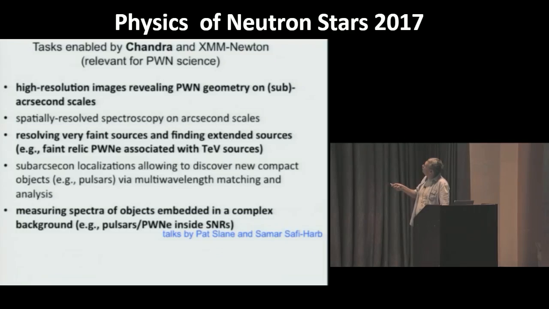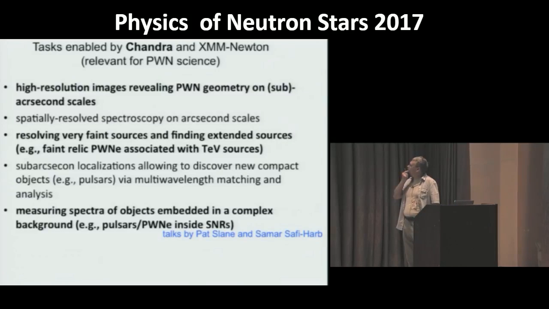Then what's possible with Chandra is resolving very faint sources. I'll give one example. It helps when you're looking for a potential explanation of a TeV source, and you find some resolved source and you are able to classify it as a pulsar wind nebula. That's only possible with Chandra. Sometimes subarcsecond localizations allow us to discover compact objects that turn out to be pulsars.